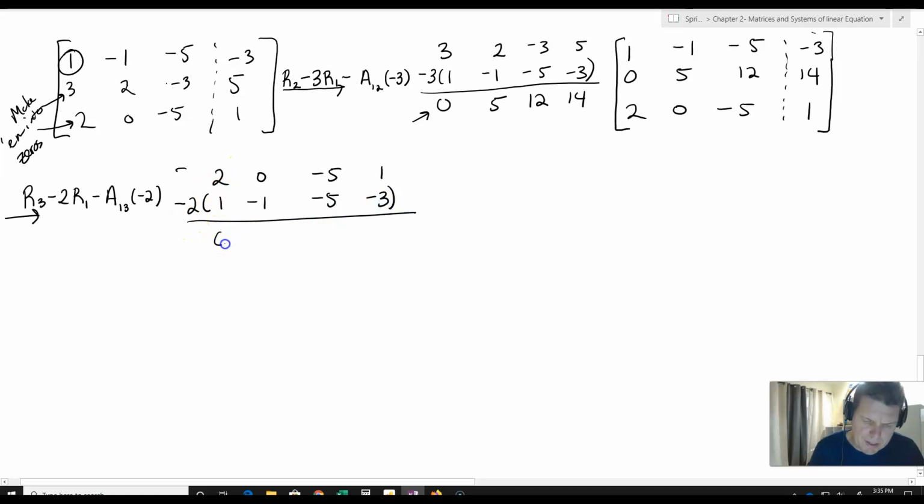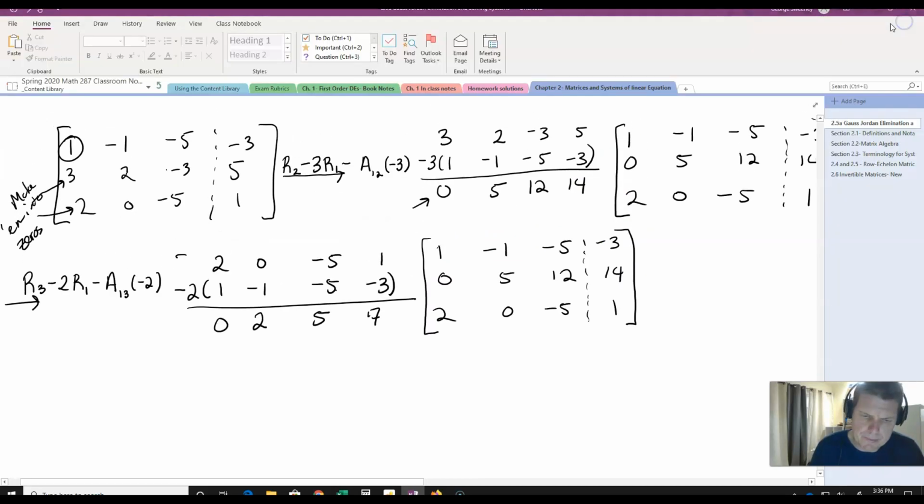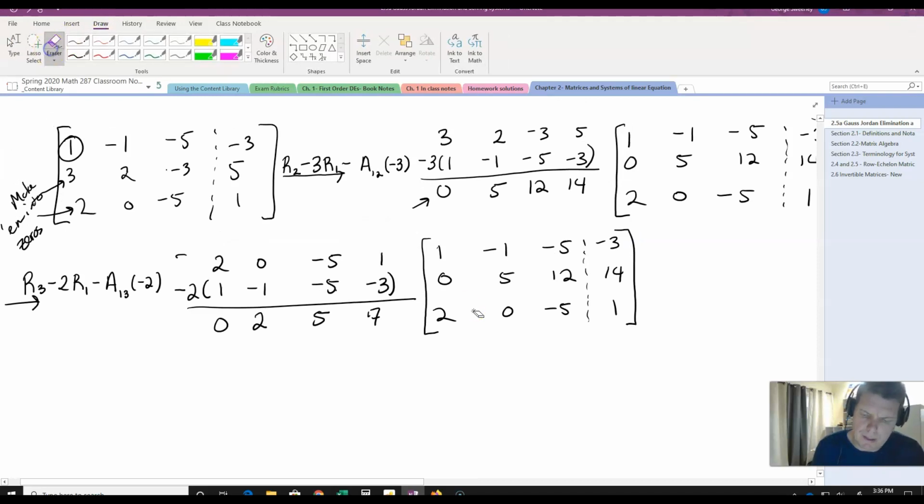This will be 2 minus 2 is 0. 0 minus a negative is positive, so 0 plus 2 is 2. -5 plus 10 is 5. 1 plus 6 is 7. So my new matrix has rows 1 and 2 exactly the same, but what it now has is a change to row 3.